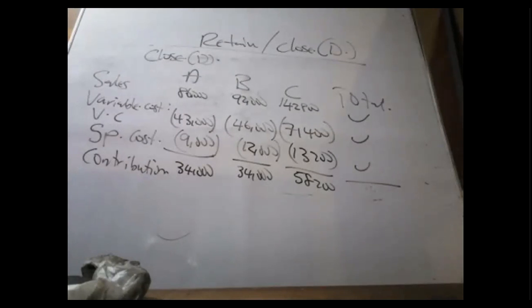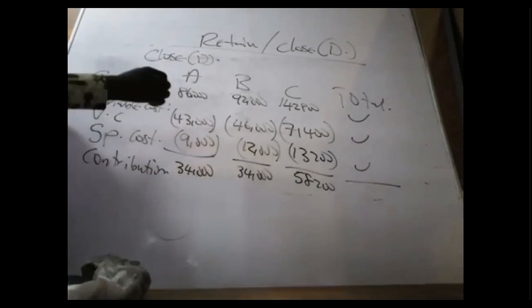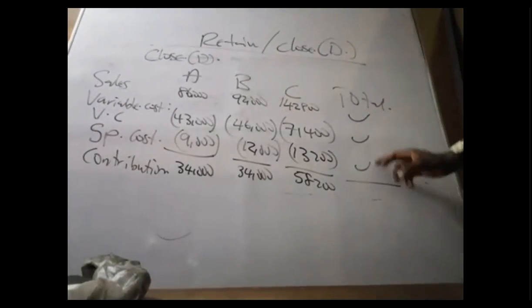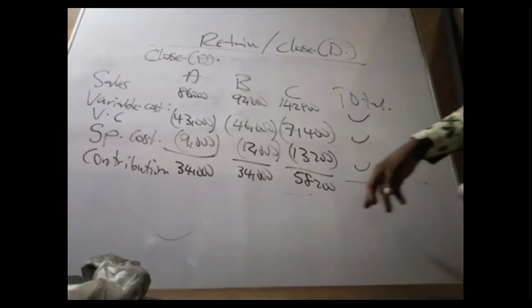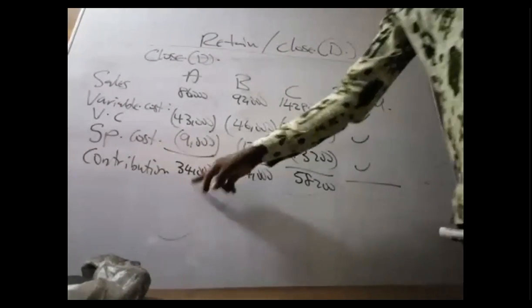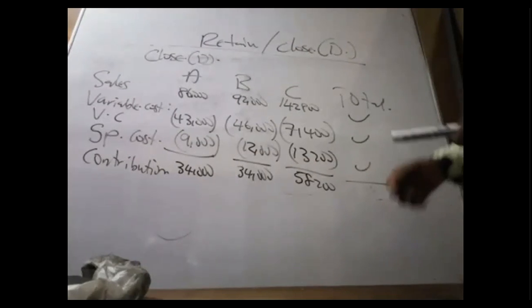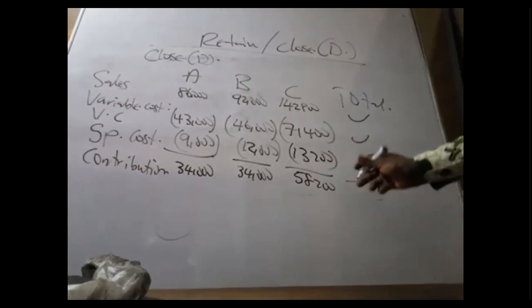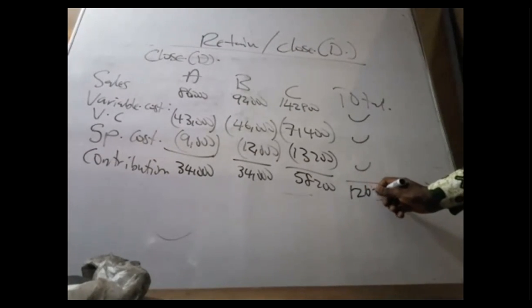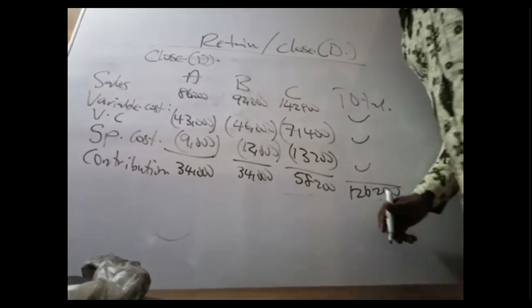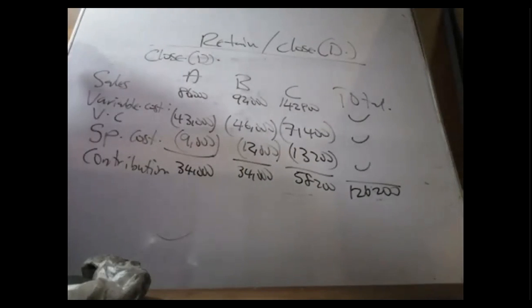I need just this one. Sum 1, 2, 3 up together. What do you get? We are interested in the total, so you just sum up the totals of these and put them here: 126,200.